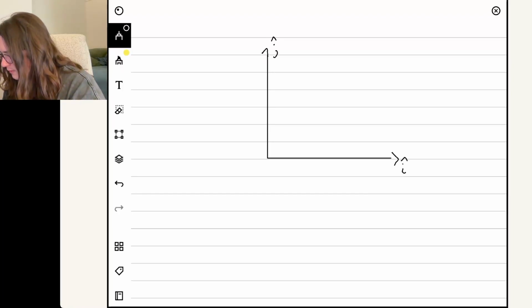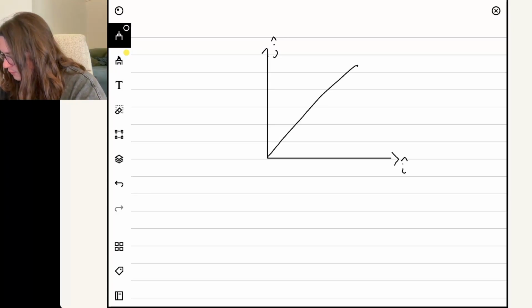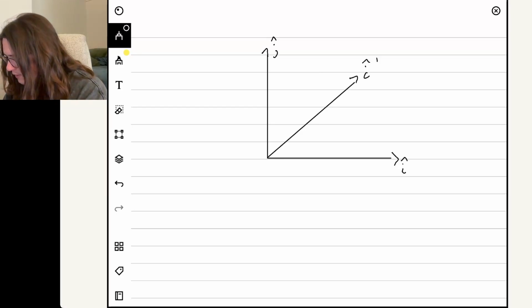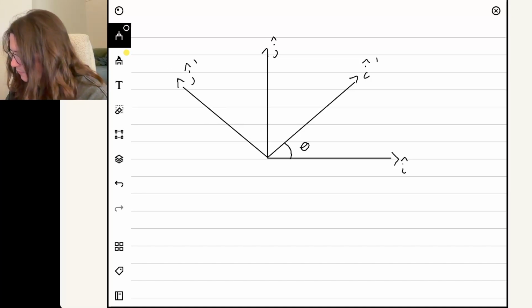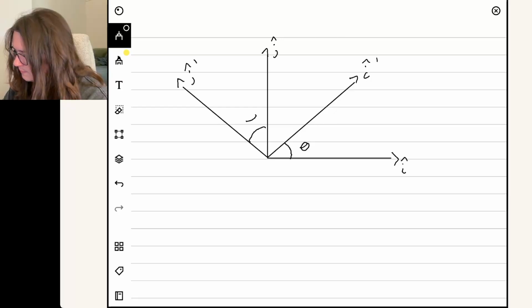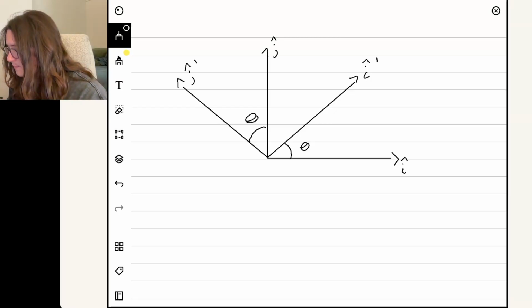And then whenever you rotate it, the new i hat unit vector, i hat prime, will just be an angle theta from where it used to be. And then the new j hat vector, j hat prime over here, is also just an angle theta from the j hat direction, right?